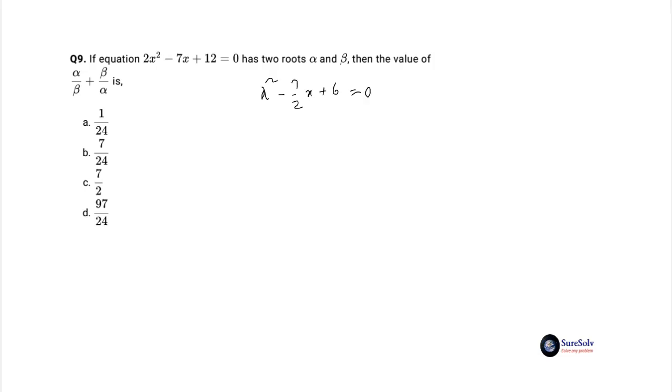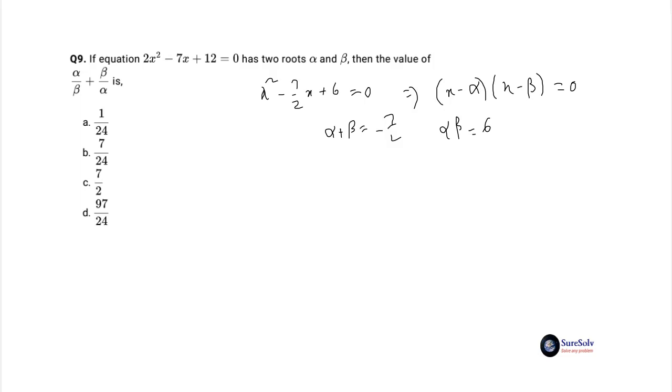So that we can express the equation straight away in terms of its roots as x minus alpha multiplied by x minus beta equal to 0. From this, you can easily see that alpha plus beta equal to minus 7 by 2, the middle term, and alpha beta equal to 6, the numeric term.